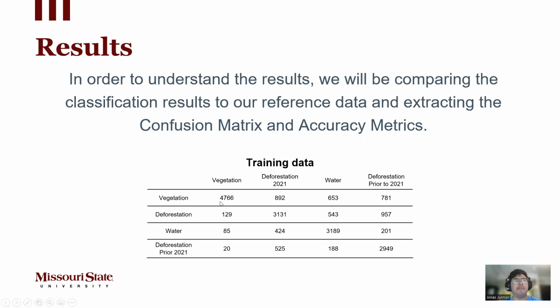So it maps really well with the vegetation part, mapping 4,766 points. Deforestation for 2021, same thing. Water, it does a really good job also. But as you can see, it does classify some points wrongly. And if you spread this across the 5,000 points for each category, it actually does a really good job.